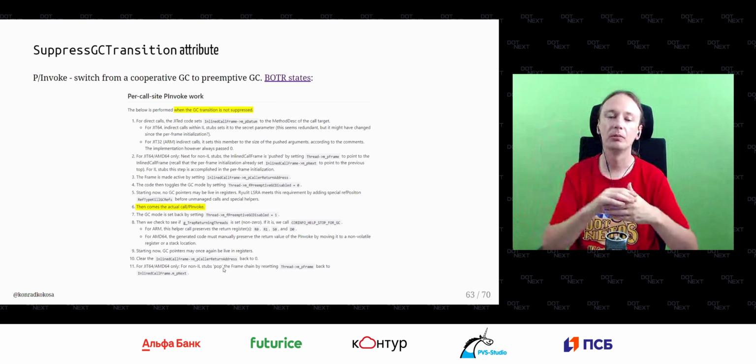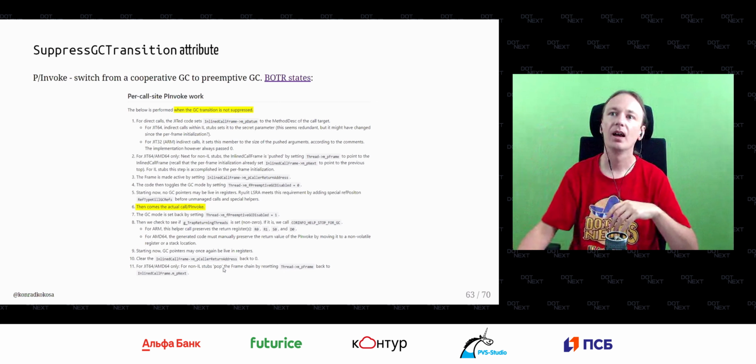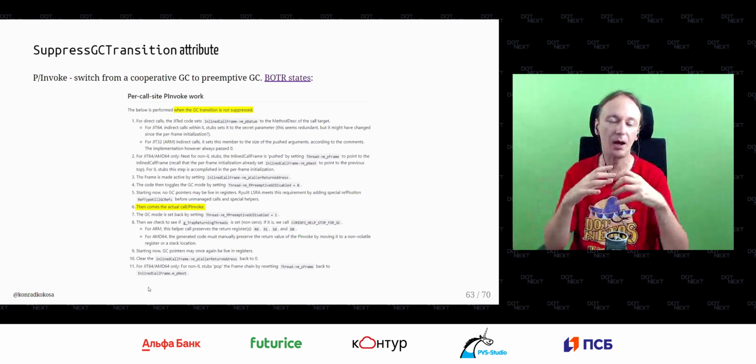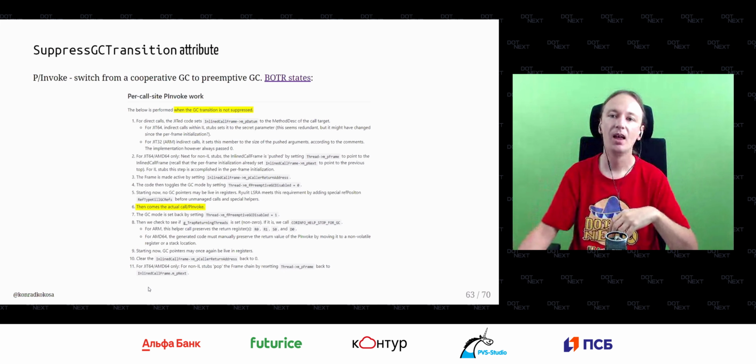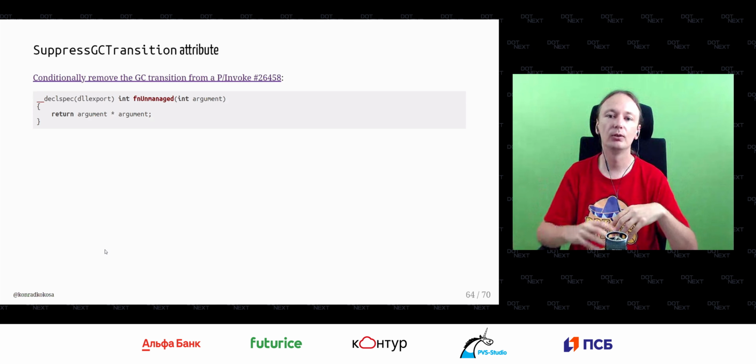And as we see from the runtime code, when the P/Invoke is made, a huge number of steps is there, and only in the very middle is the real P/Invoke. So we have quite a lot of overhead because of building frames around this and making this transition between GC modes. And now, since .NET 5, we have the possibility to conditionally remove this transition.